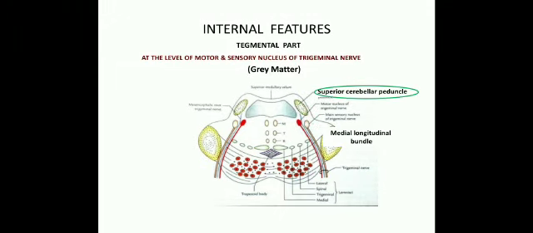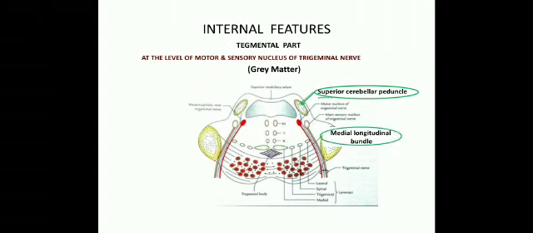The superior cerebellar peduncles lie dorsolateral to the fourth ventricle. Here we can observe the cavity-like structure that represents the fourth ventricle, and the superior cerebellar peduncle lying just dorsolateral to it.